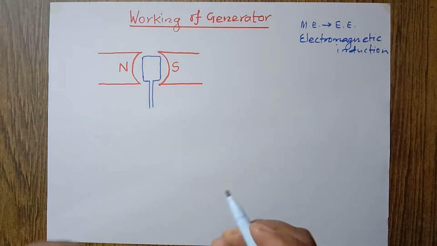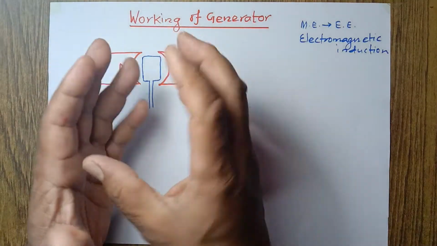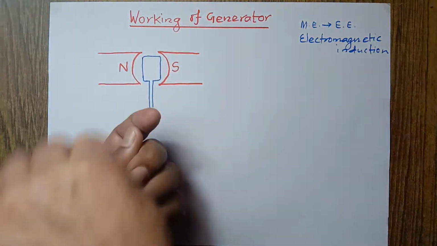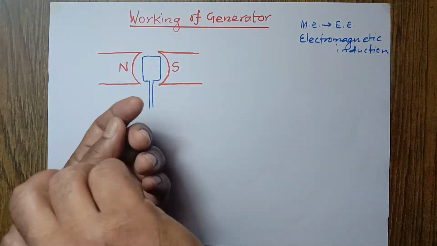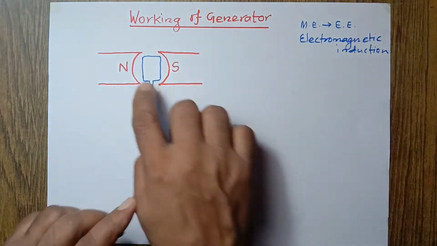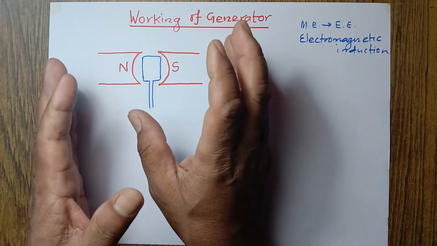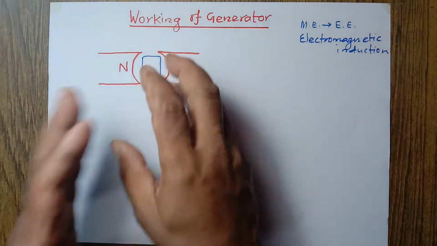Having an iron core, what does it mean? A coil having an iron core means the iron piece is placed in the middle and it is wound with insulated copper wire, and hundreds of turns are made. I'm showing just one turn, just for the diagram.